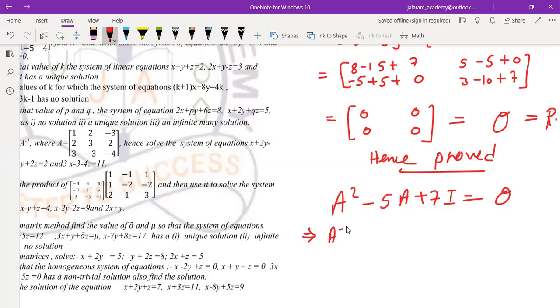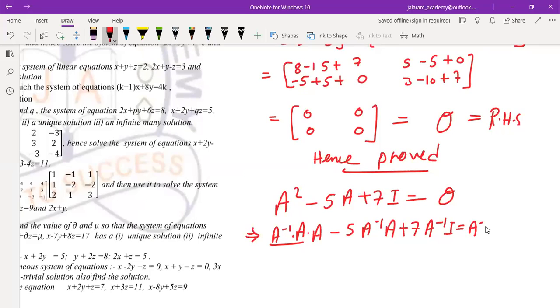Means A inverse into A square can be written as A inverse into A into A, minus 5 into A inverse into A, plus 7 into A inverse into I equals to A inverse into O. We will not change the order at any point, though it is not affecting this matrix. But we should write A inverse as the first matrix in all the products. This is the correct notation.